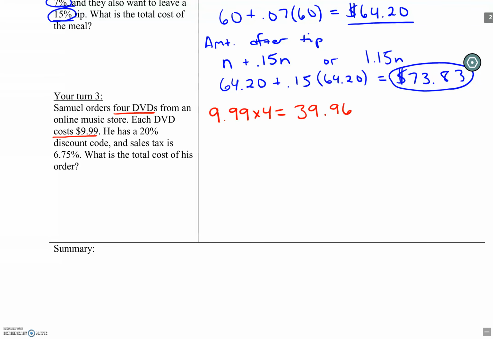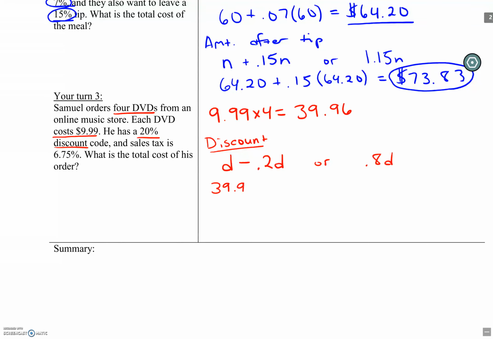Well, now he has a discount of 20%. So let's find the discounted price. So we can use the variable D again for DVDs, and we are subtracting here because it's a discount. We're subtracting 20% of the cost of the DVDs. Or we can look at this as 80% of the cost of the DVDs.